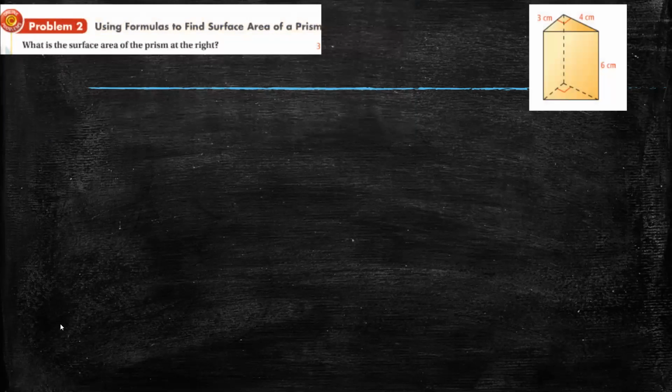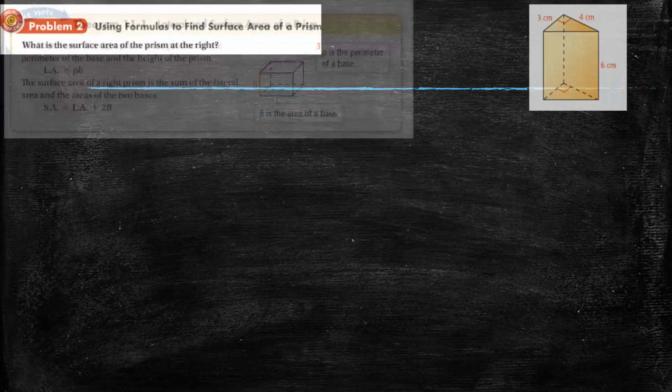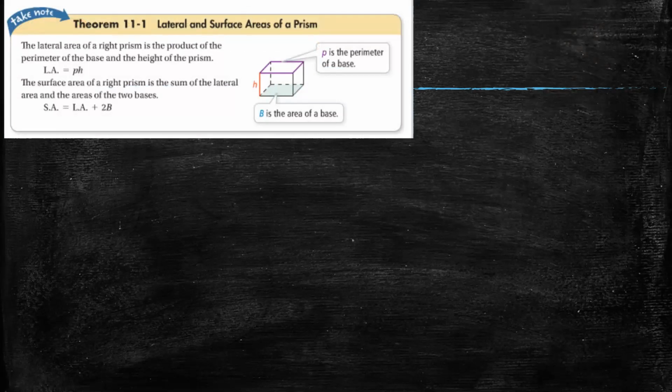The surface area. So if you want to find the surface area, I need the lateral area plus the 2 bases. This is how we find the surface area.